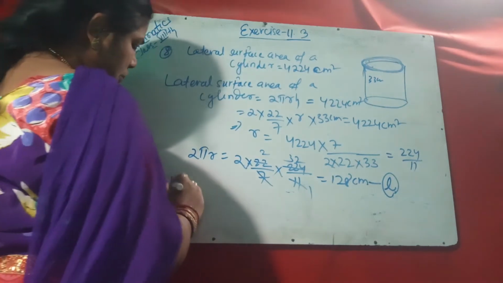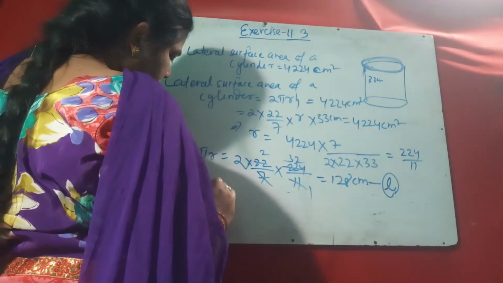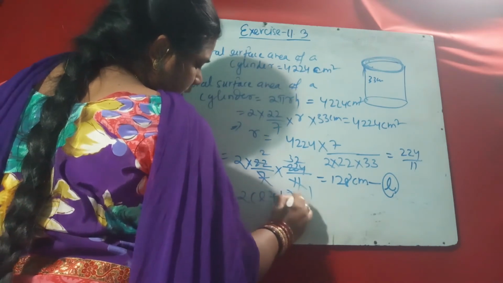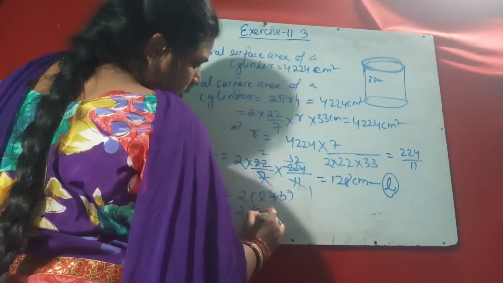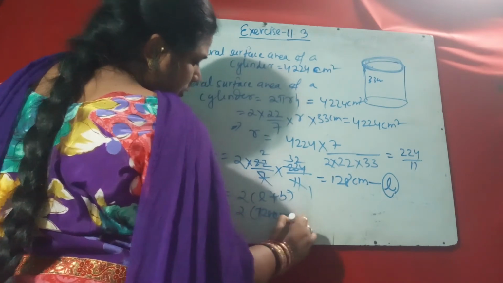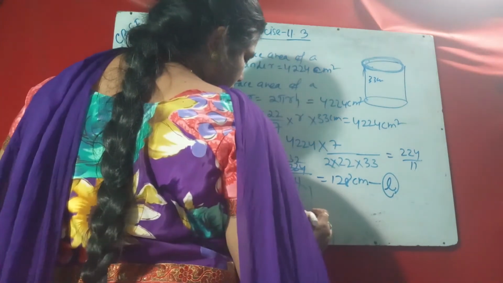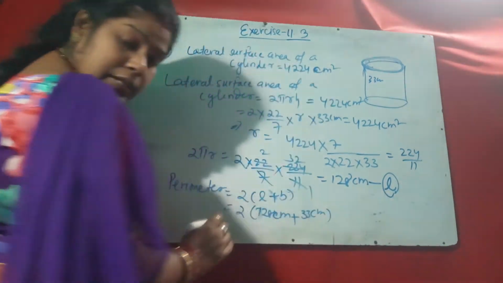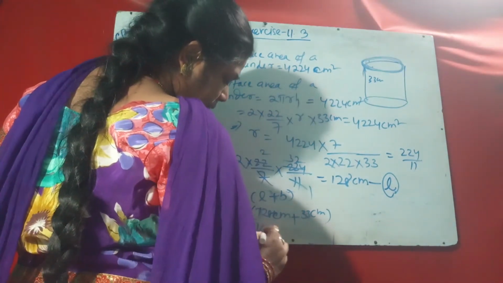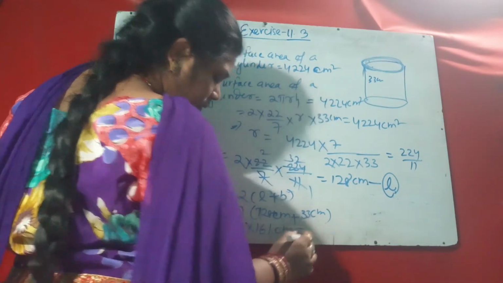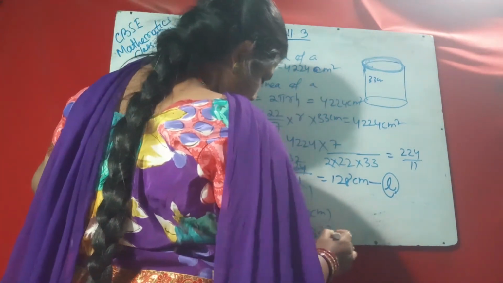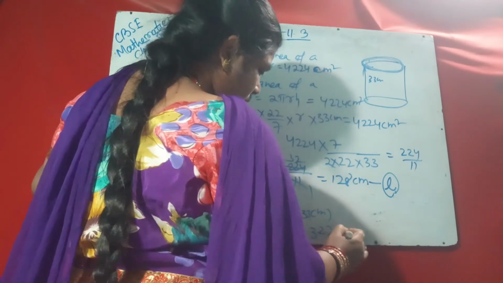So 2 into length, 128 centimeter, plus breadth, 33 centimeter, equals 2 into 161 centimeter, so the perimeter equals 322 centimeter.